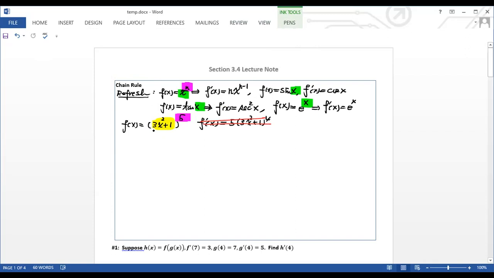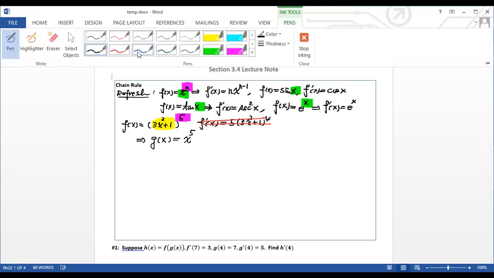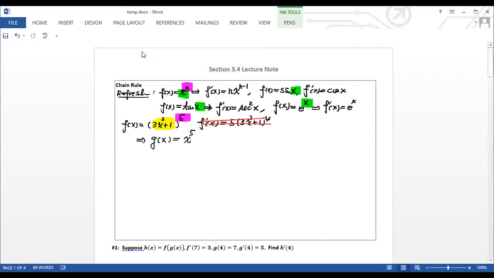If you take a look at this f of x, if you break it up, say I have two functions. I say g of x is x to the fifth. Now I definitely know how to take the derivative of x to the fifth; it matches my basic power rule.